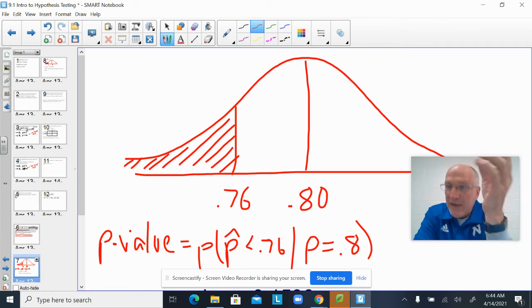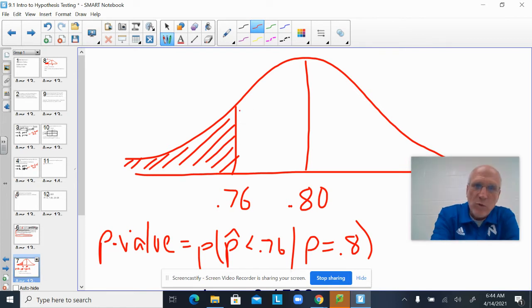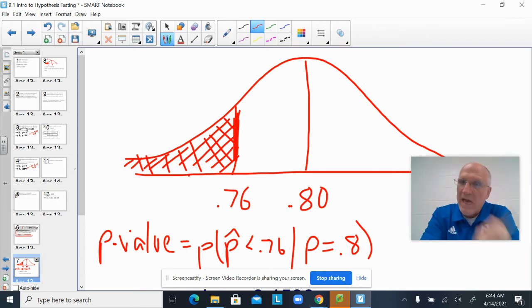And if 0.8 really is the true proportion, my result was 0.76. The question is, what's the probability of getting a result as extreme or more extreme than the one that I got? So that is this shaded area. That probability is the p-value.